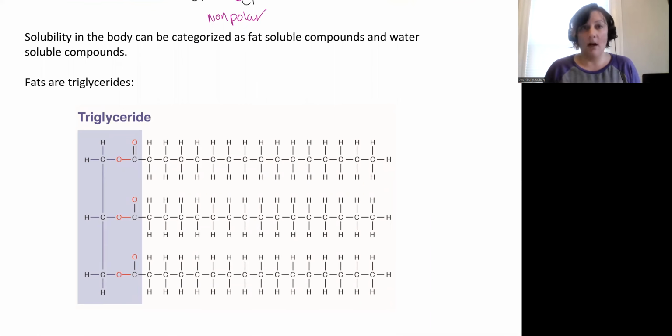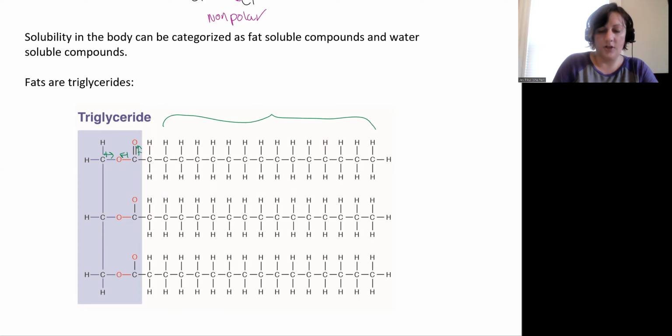And you can see there are some polar bonds here. I can see we've got a polar bond between this carbon and oxygen and this one right here. But that little bit of dipole is far outweighed by that long chain of carbon-carbon and carbon-hydrogen bonds, which are all nonpolar. And so we have this very large nonpolar part of the molecule.